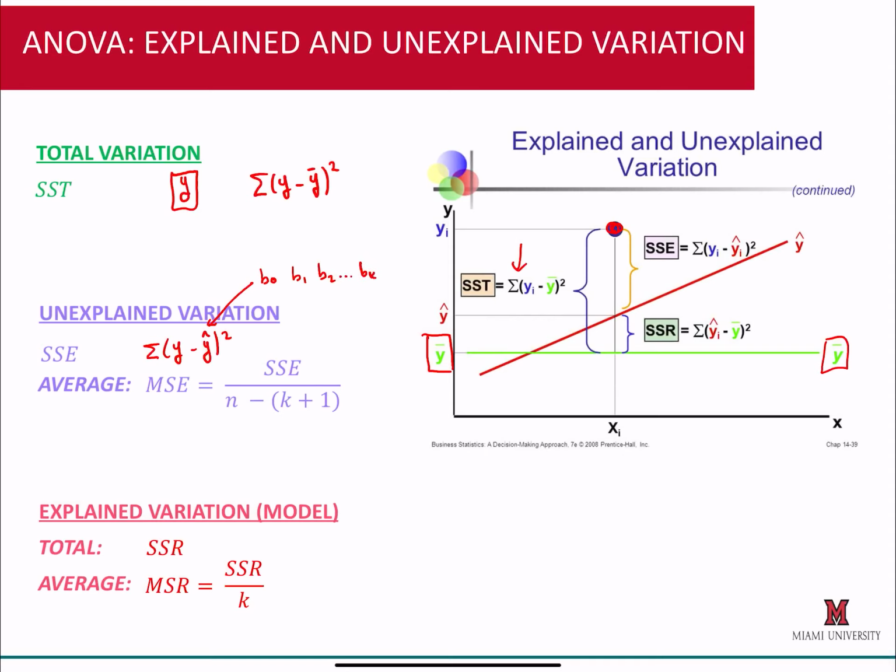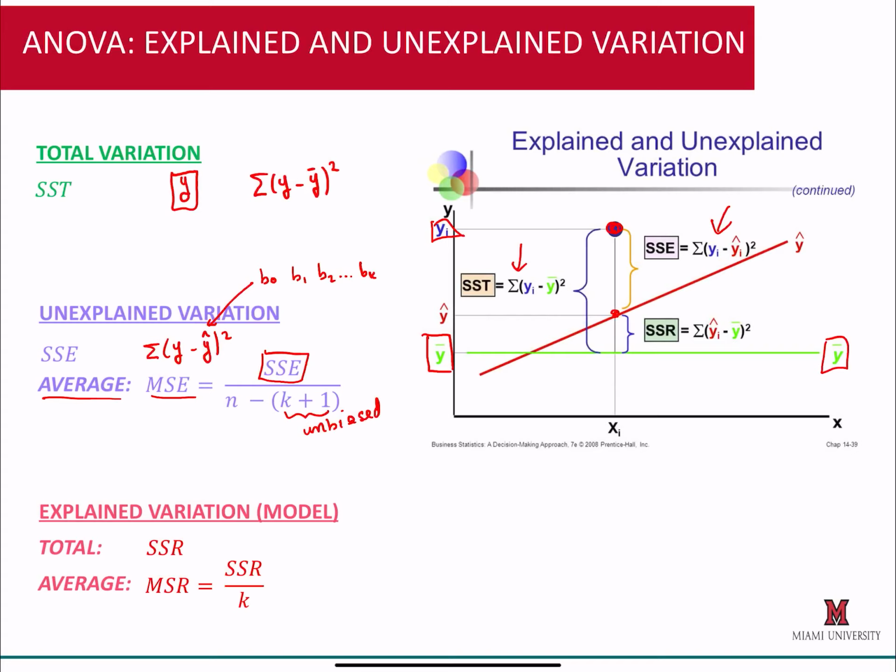So SSE is the difference from the point, the actual value, to the line of prediction, or to the plane if there is more than one predictor. We also have an average unexplained variation. Usually an average is the sum divided by n, but in this case we divide by n minus (k plus 1) so that this estimator is unbiased. Unbiased means that the mean of the estimator is the true value we want to estimate.